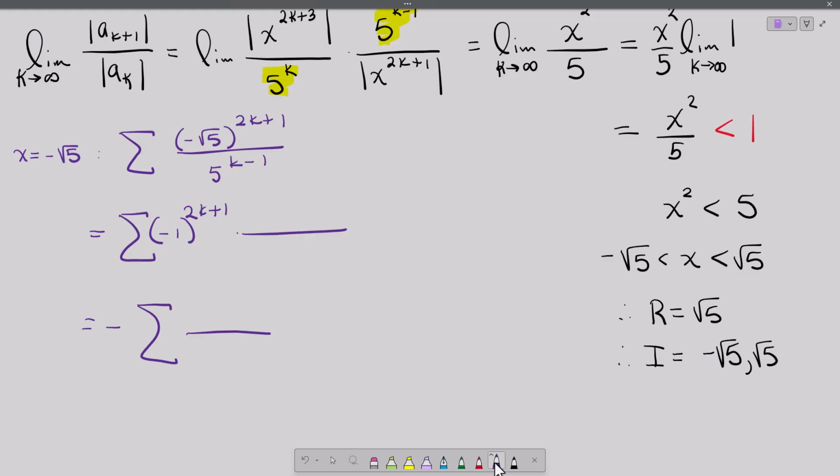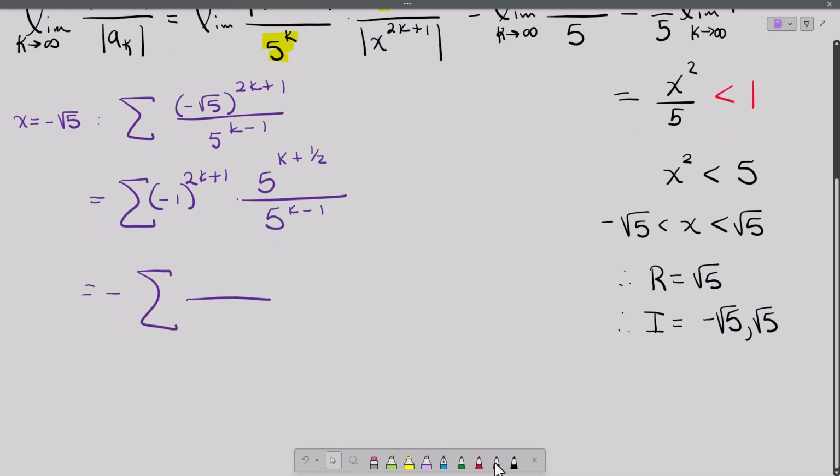Okay, so now here, do you agree that this is 5 to the half? Yeah. The square root of 5 is 5 to the half. So 5 to the half, we have to multiply this by 1/2. This is going to be k plus 1/2. And down below, we have k minus 1 as the exponent.